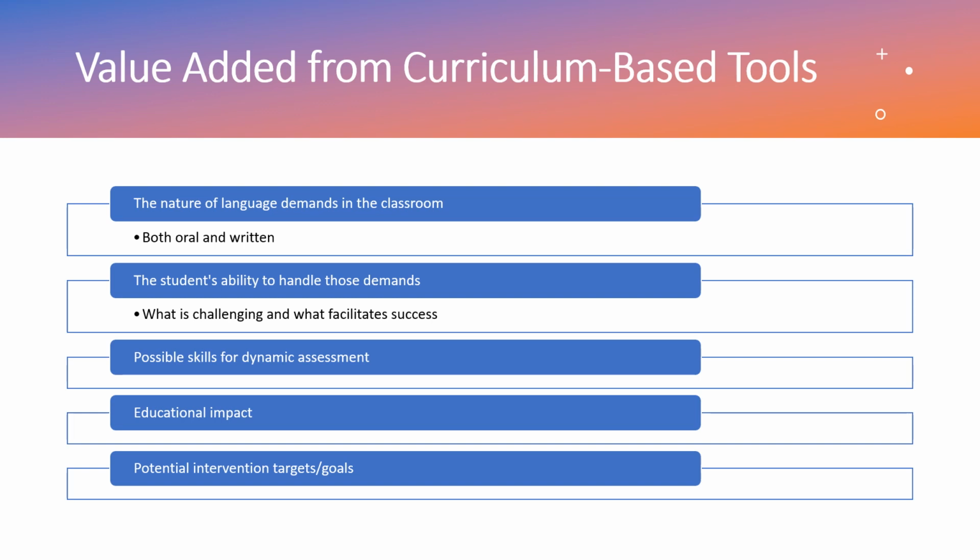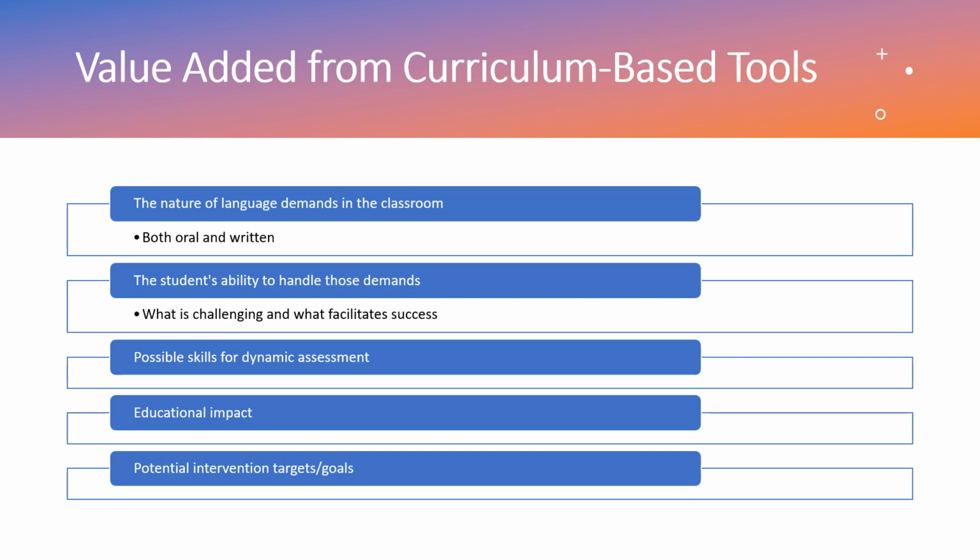Which gives us great information for dynamic assessments. We can see what level of support this student needs, and is it significant or is it minimal, and just some simple modifications can be made for this student. Which leads us to that educational impact or lack of educational impact. And that really helps us make a better decision about if the student is identified and meets that criteria for a disability or not.